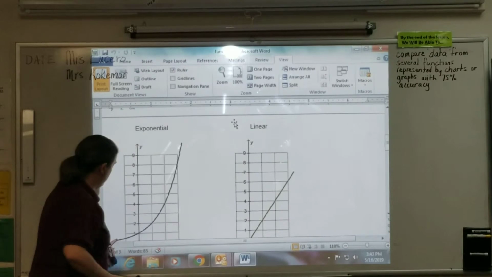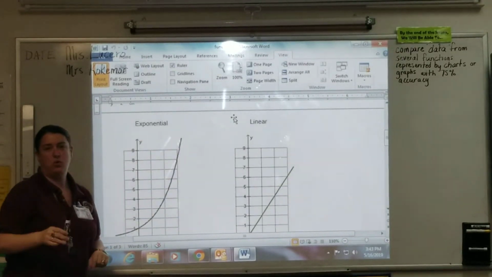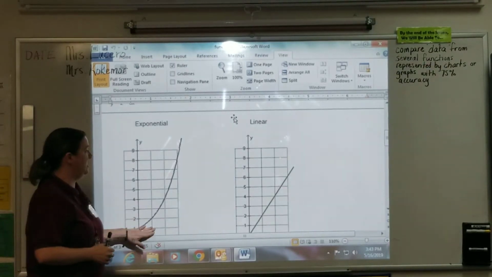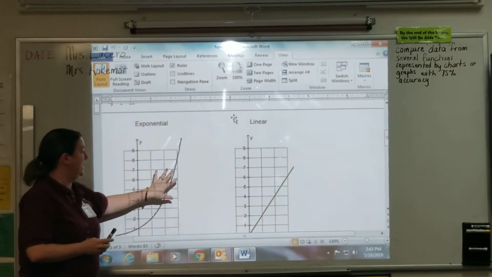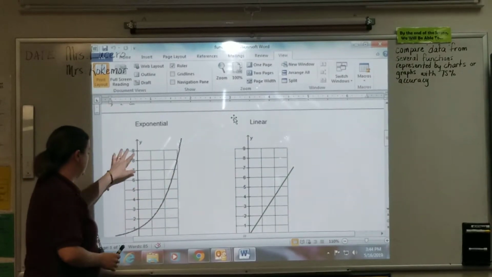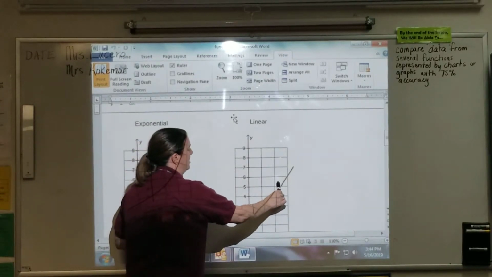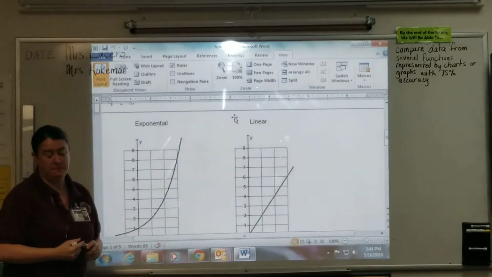Is there any place on the graph where your pencil touches the line more than one time? If it doesn't touch the line more than once, what you have is a function. So this is an exponential function, and this one again is linear. It only touches one place on the line each time.